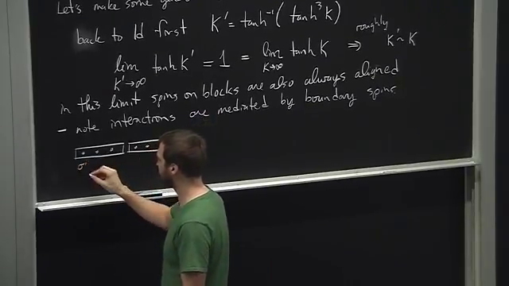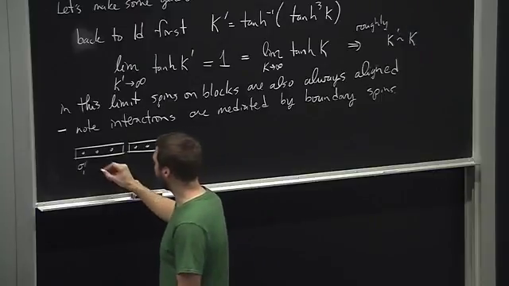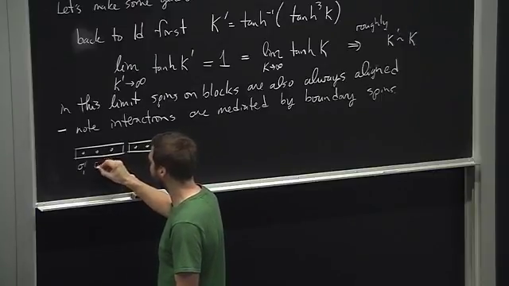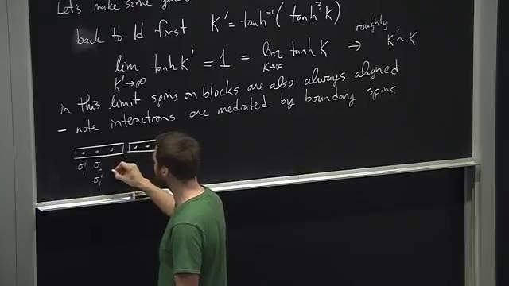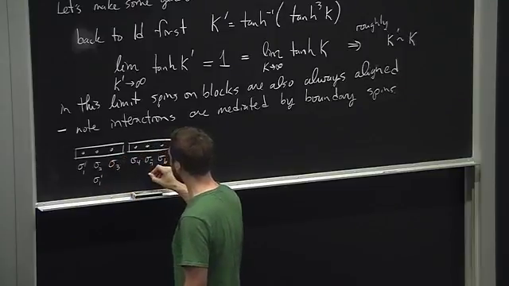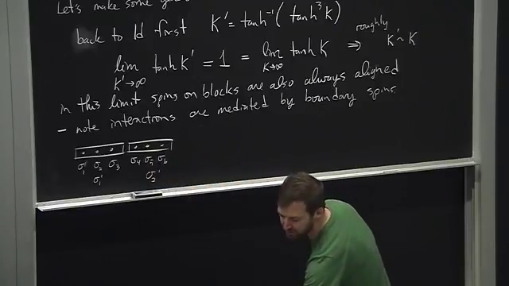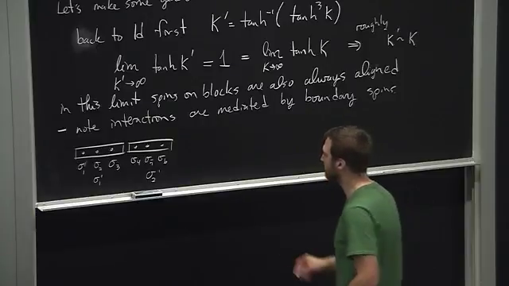Sigma 1, sigma 1. Sigma 2 was sigma 1 prime, I don't know. Sigma 3, sigma 4, sigma 5. Sigma 5 was sigma 2 prime in that block decimation procedure.